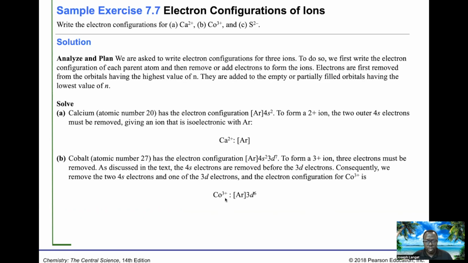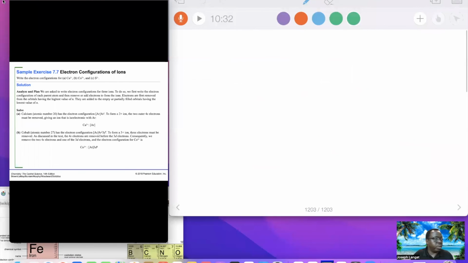Cobalt 3+. Let's see how this comes about. Cobalt is number 27 here. So if it is 27, look at this.